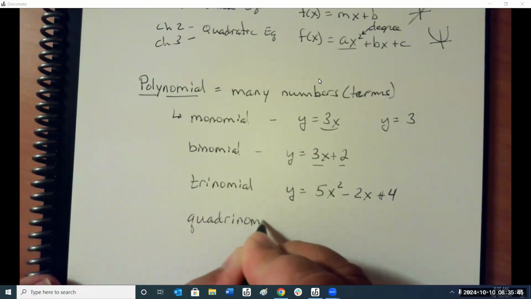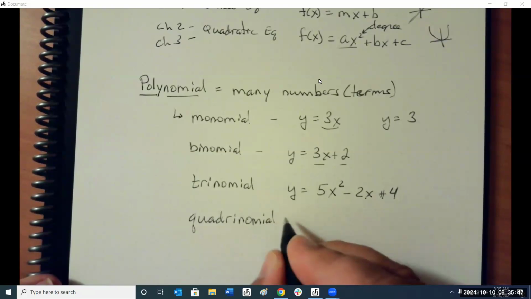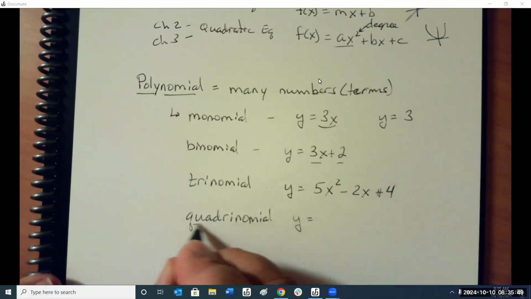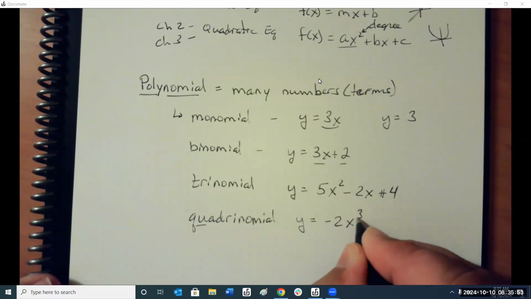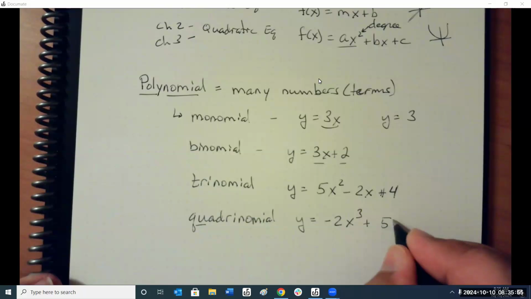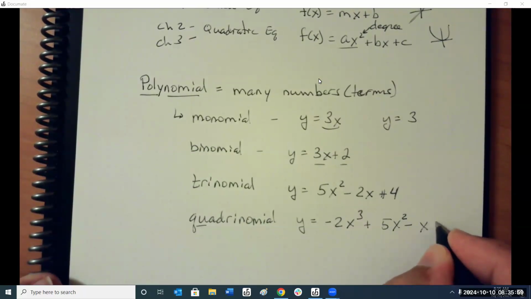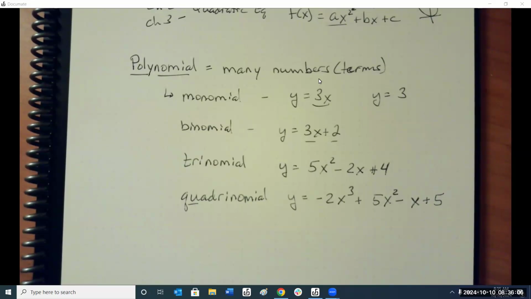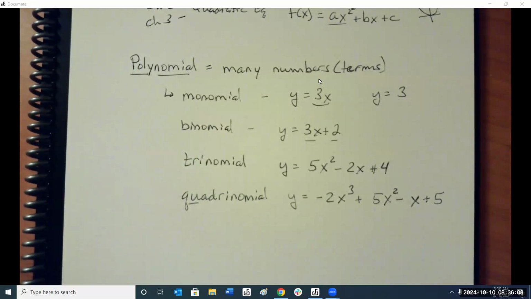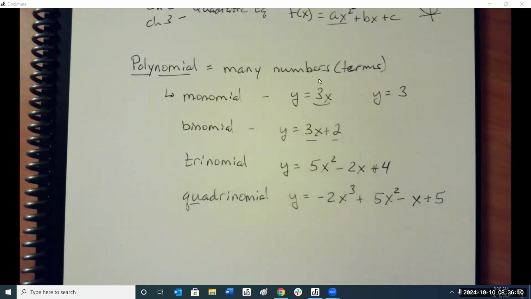Quadrinomial, quad means four, will have four terms. And we keep on going.